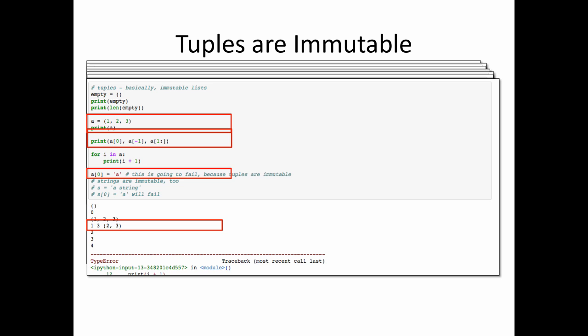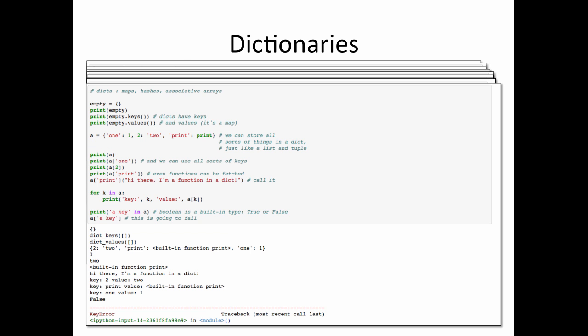So the main difference which you need to remember is that tuples are not mutable, meaning they are constants. You cannot change the value of an element in the tuple once they are defined. So in this command, when you say A[0] equal to the letter A, meaning you want to change the value from 1 to A, you're going to get an error.